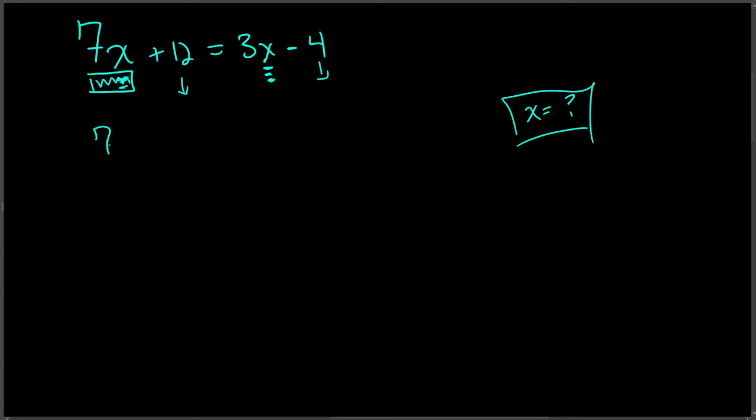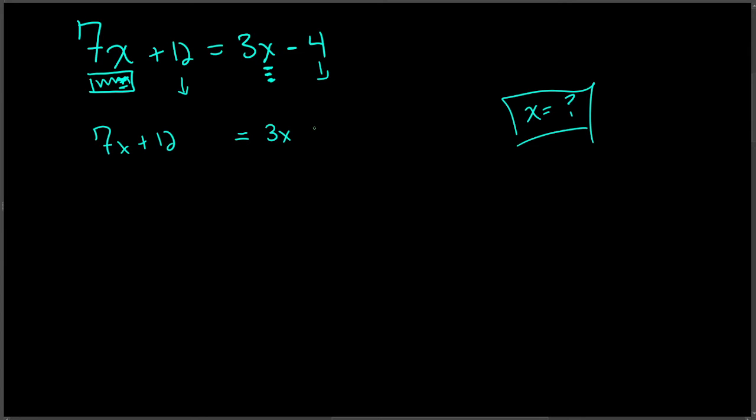So I start with what I do to one side, I do to the other. In this case, I have to get rid of this, so I get rid of it by subtracting. And whatever I did to the one side, I do to the other. I should give myself a little more room, since I know I'm going to do a subtraction here.